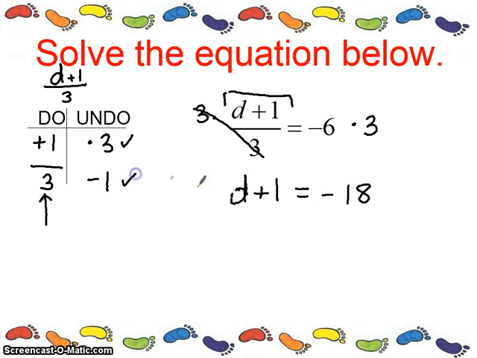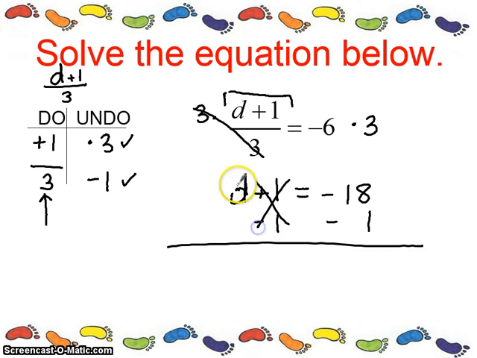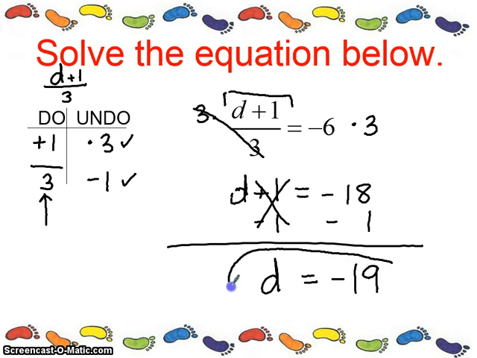Now our second step is to subtract 1 from each side. So positive 1 minus 1 is 0. D plus 0 is just d, so we've now isolated the variable. Negative 18 minus 1. If you owe 18 and you owe 1 more, then you owe 19. So we get negative 19.